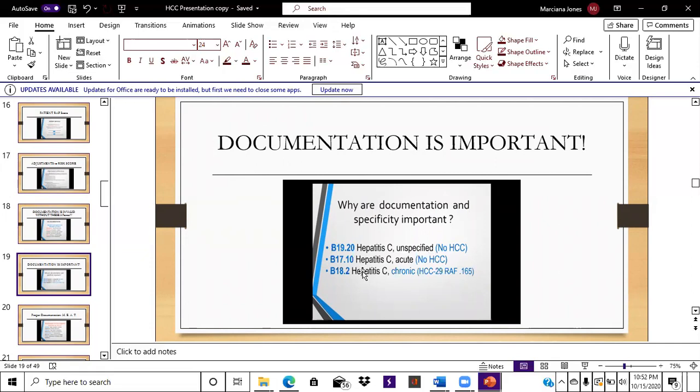But here, B18.2, hepatitis C, chronic: here it is, RAF score. Remember we talked about HCC capturing chronic conditions. Chronic implies ongoing surveillance, ongoing treatment, and now you have a RAF score. And documentation for every diagnosis must have the MEAT.